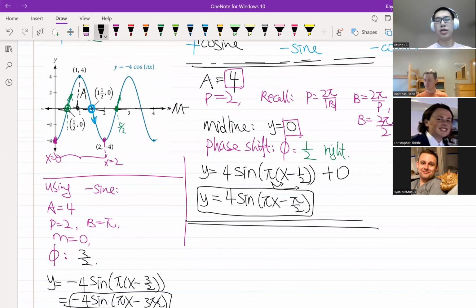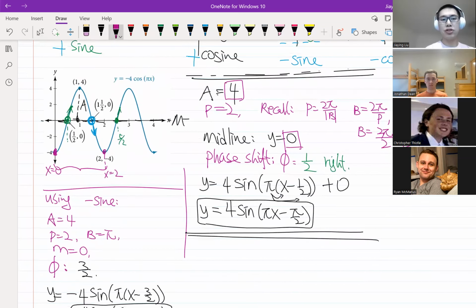All right, I'm almost done here. Let's practice one more time. What if we use positive cosine? Using positive cosine, again, the basic parameters are the same, so A is still 4, the amplitude doesn't change. The period is still 2, the b value is still pi, the midline is still 0.